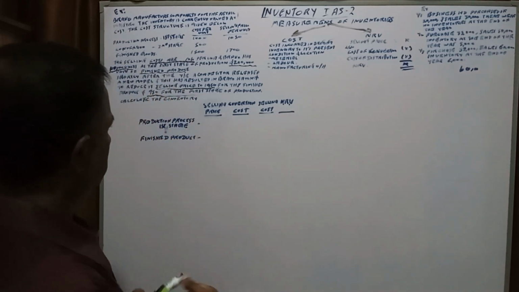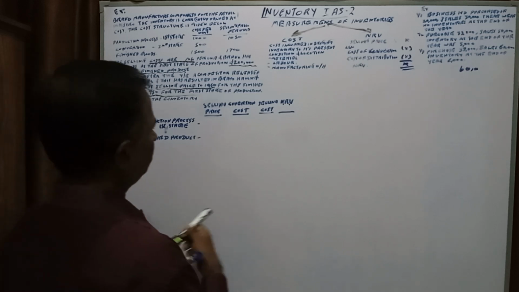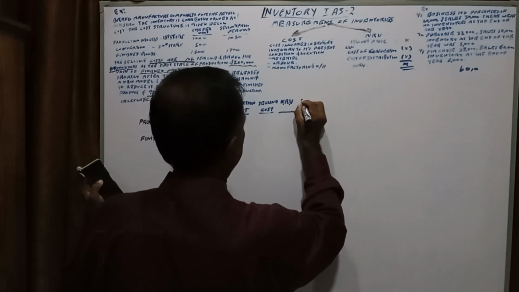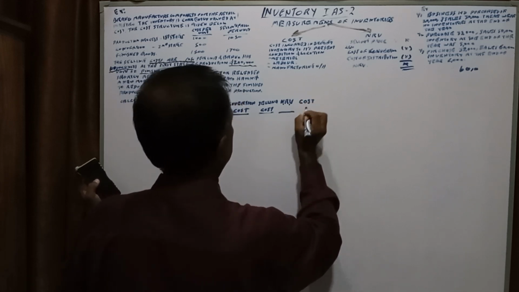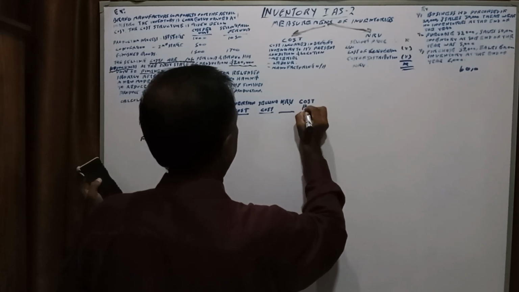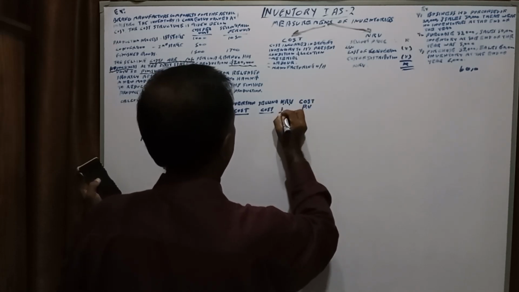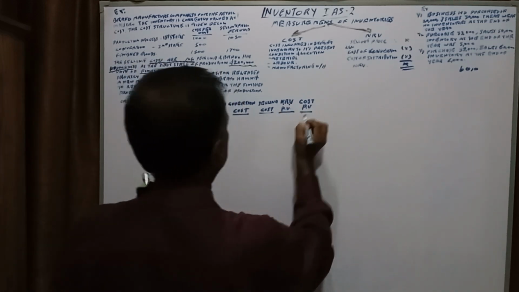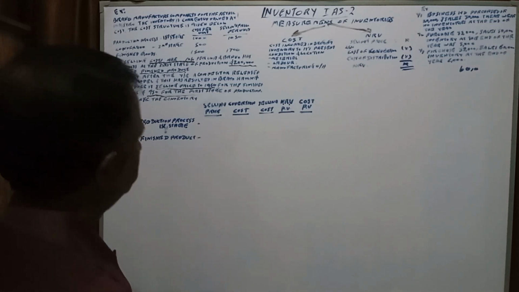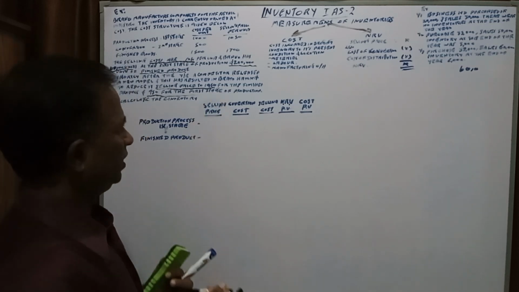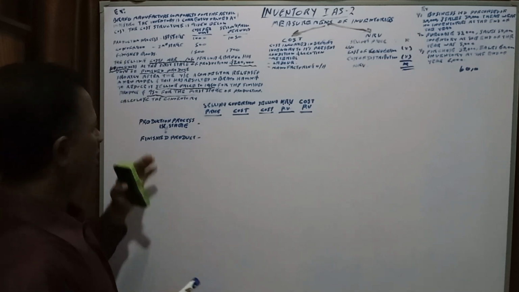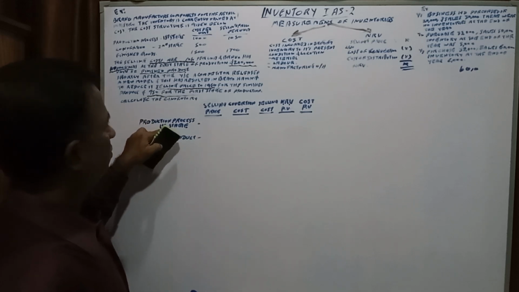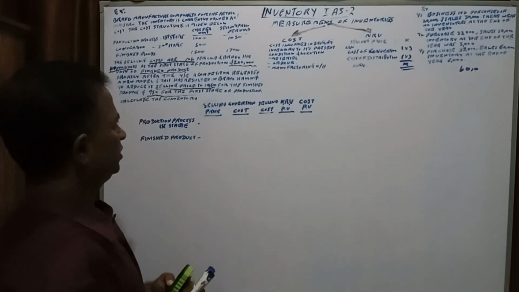Okay, understood. So next one is the cost. Here we will say cost per unit. This is net realizable value per unit, and this is cost per unit. Here we have made it in such a way that you can attempt the question very easily and quickly and finish it off.